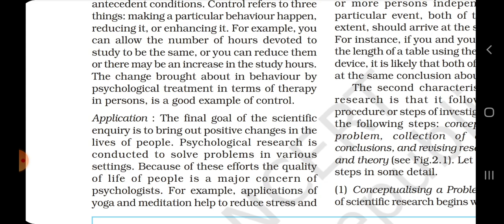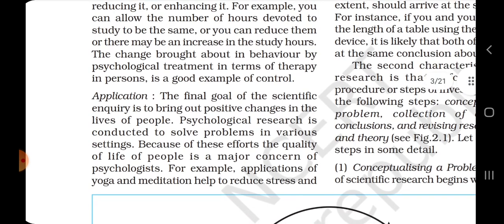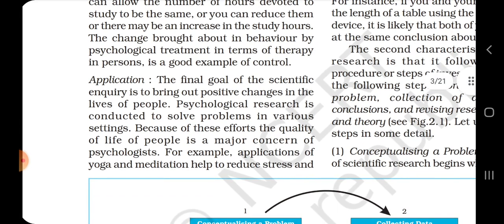Now, fifth goal is application. The final goal of the scientific inquiry is to bring out positive changes in the lives of people. Psychological research is conducted to solve problems in various settings. Because of these efforts, the quality of life of people is a major concern of psychologists.